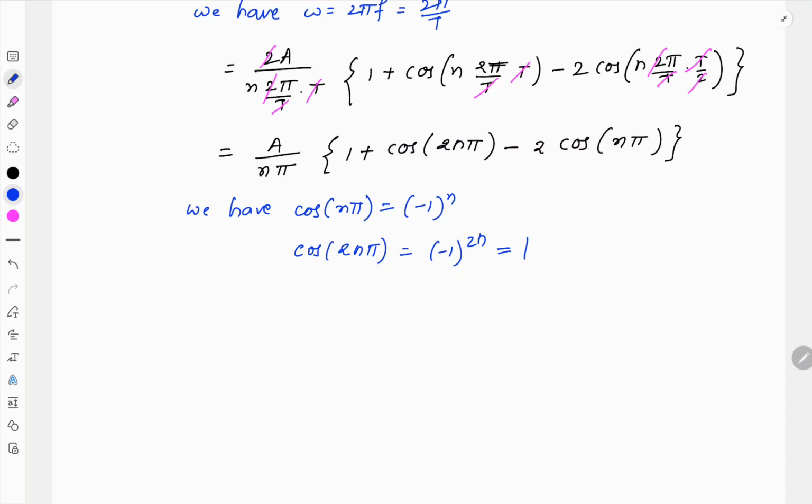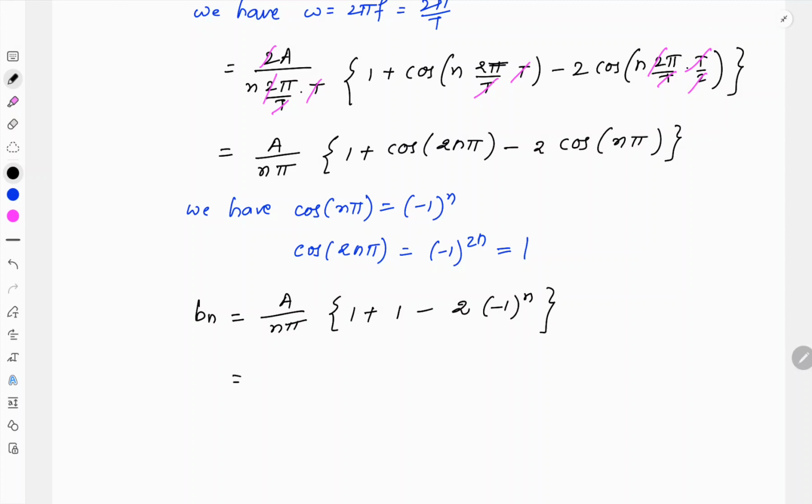So let us substitute these values in the above equation. So we get bn equal to a upon n pi, 1 plus cos of 2n pi is 1, minus 2 cos of n pi is now minus 1 raised to n. Okay.